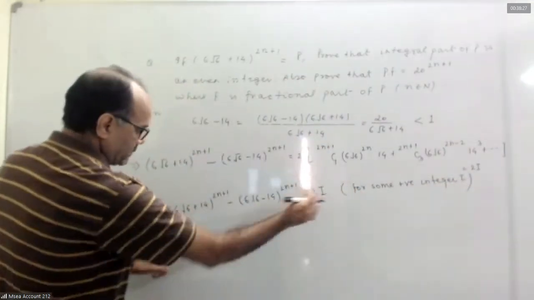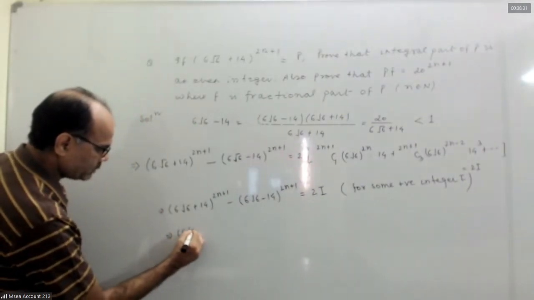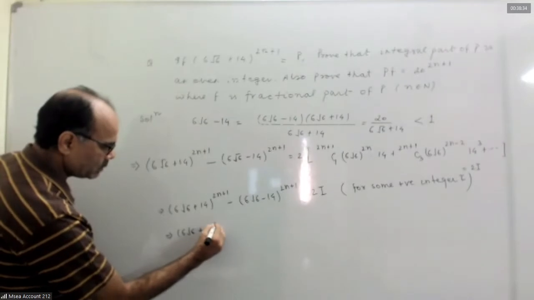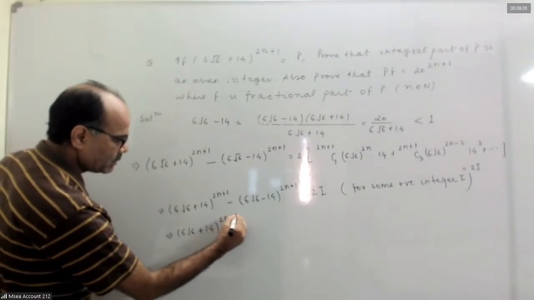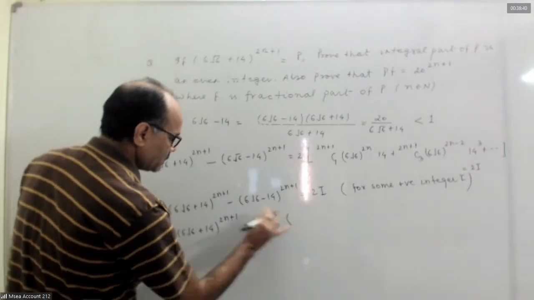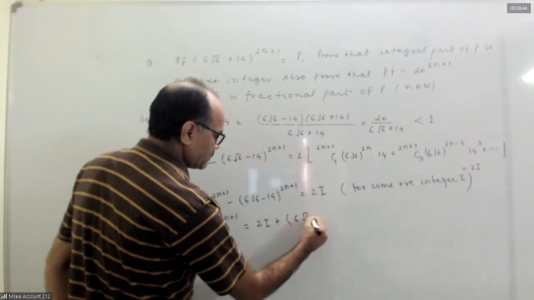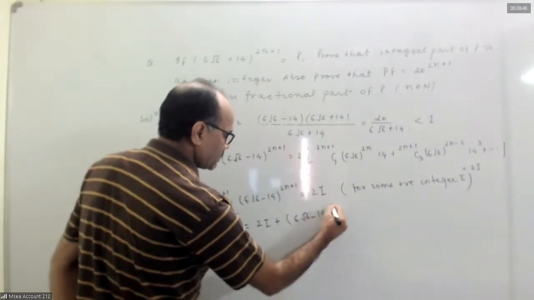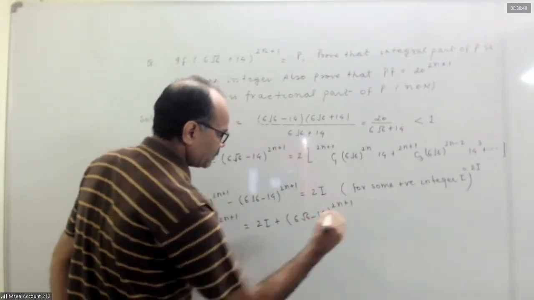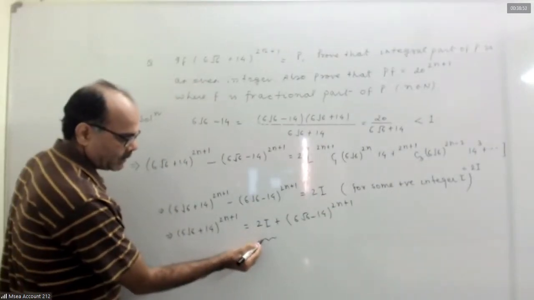Now sending this term to the right side, 6 root 6 plus 14 to the power 2n plus 1 equals 2i plus, sending this to the right side, 6 root 6 minus 14 to the power 2n plus 1. Okay. Now this is even integer.